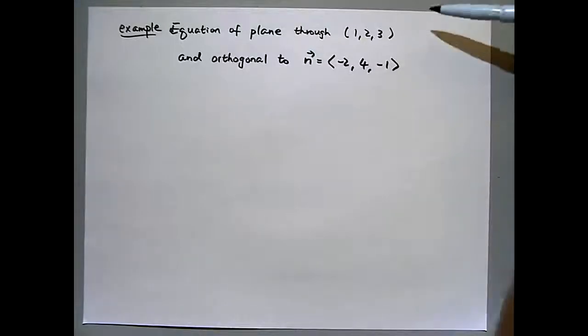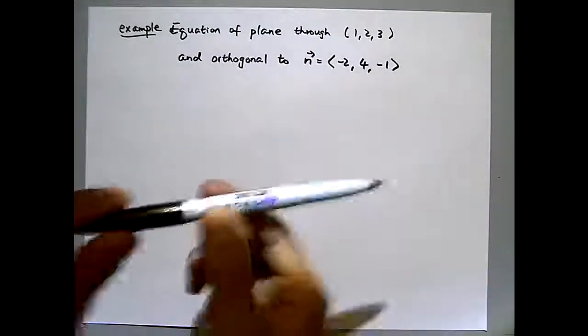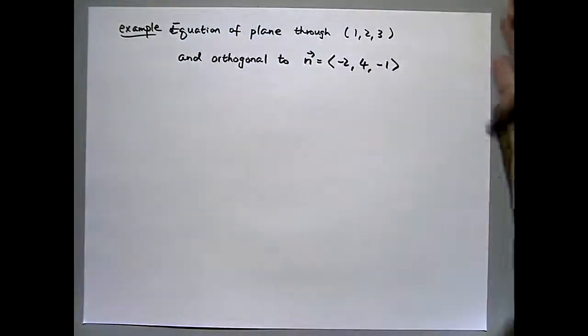Again, like I said, very similar to a line. If you know one point, and you know a vector that this plane is perpendicular to, as opposed to parallel to a line, then you can put together the equation.